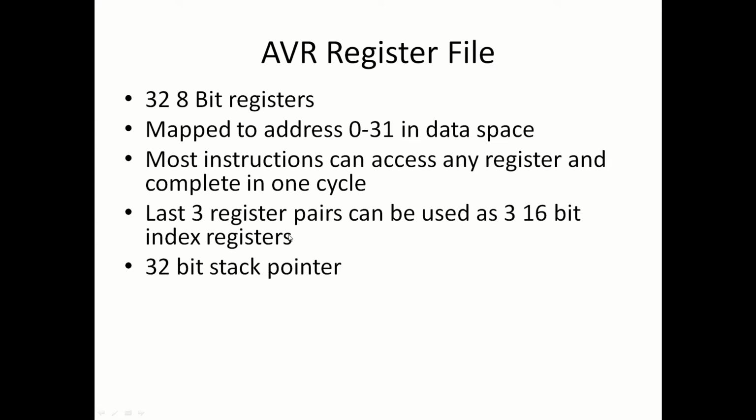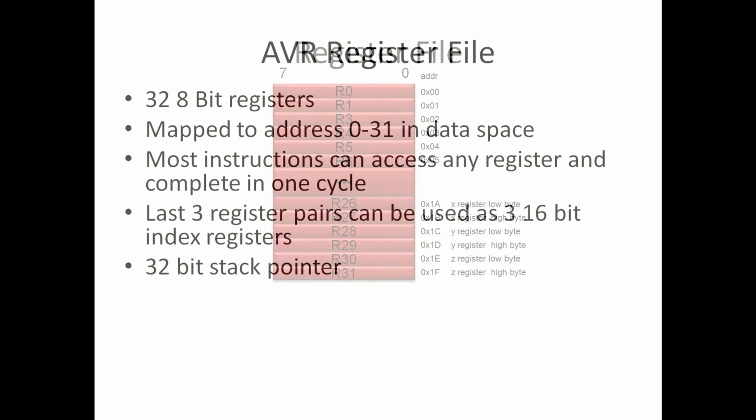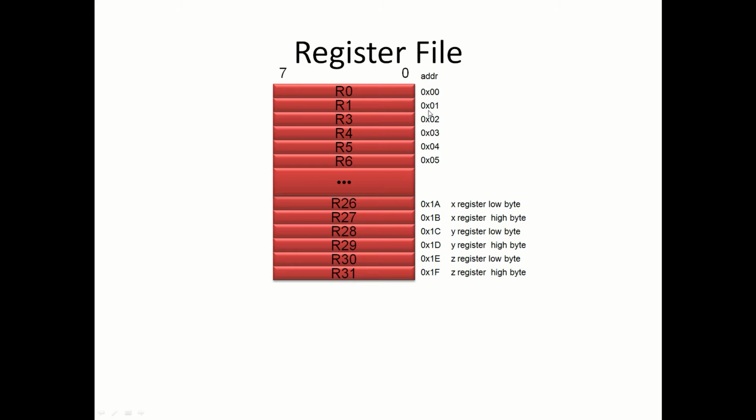The stack pointer is a 16-bit register. The addresses of these registers, mapped into the memory space, start from 00 to 1F, whereas out of the 32 registers, the last 6 registers can be paired, that is X register lower byte, X register higher byte, Y register and Z register.